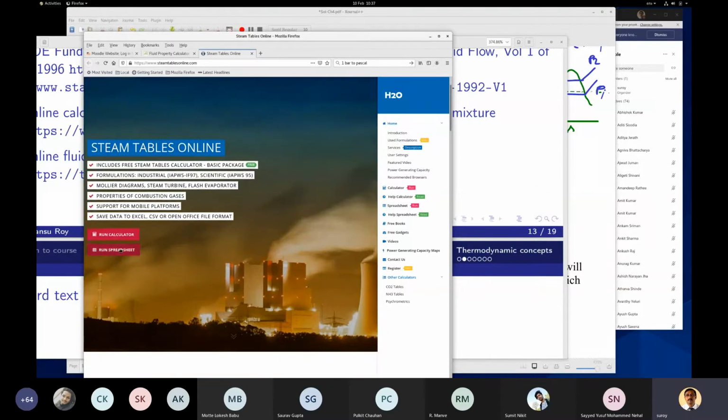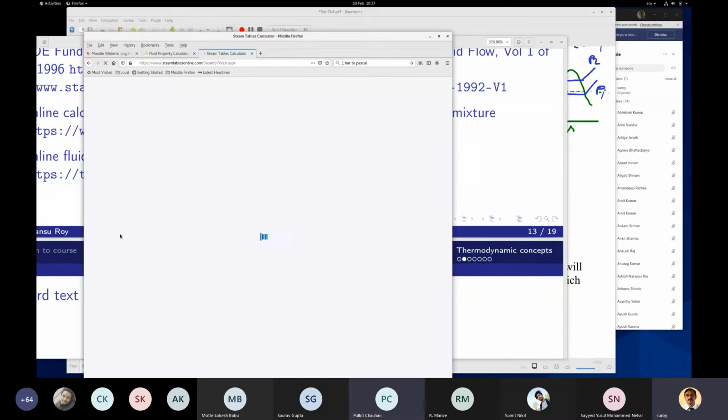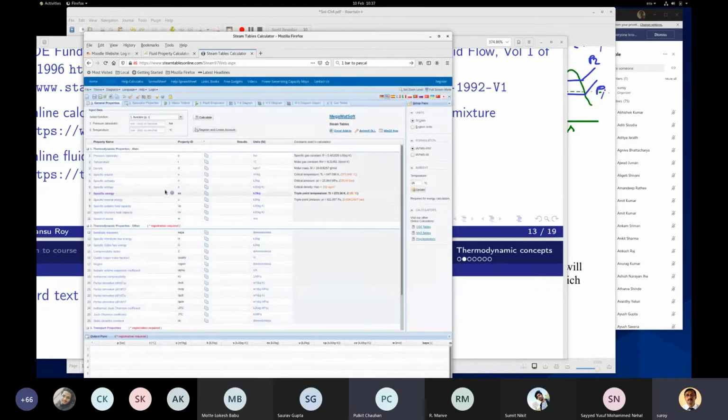So you have a spreadsheet also. This also you can try out. Yes, sir, that book is having those tables. And steamtablesonline.com, this may be better, right? For steam, I'm finding. So let us see. Say if we have pressure in bar.